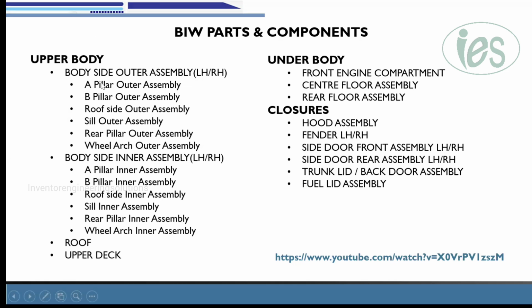Most of these are sub-level or supplier-level assemblies, integrated together to make the complete BIW structure. I will explain where each assembly is located and what parts come under each assembly.